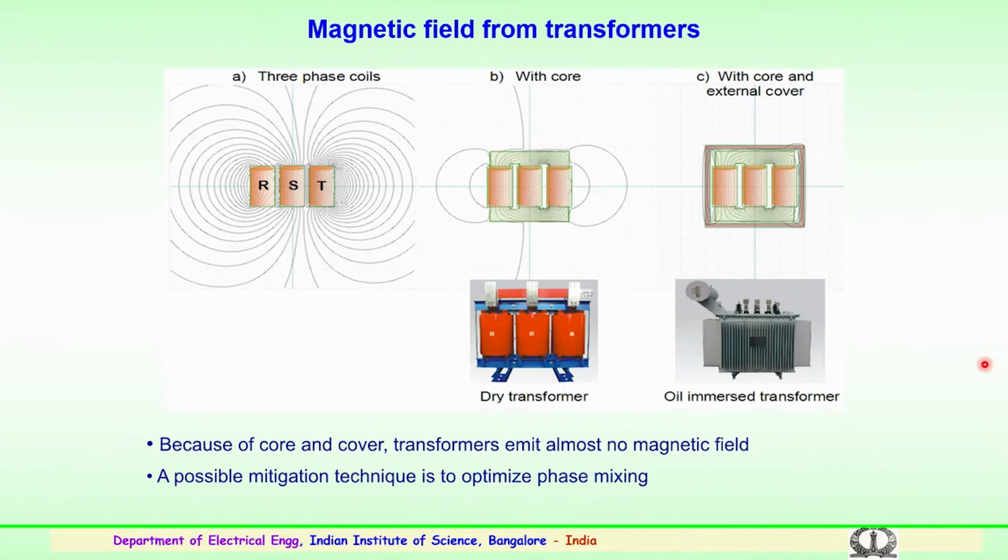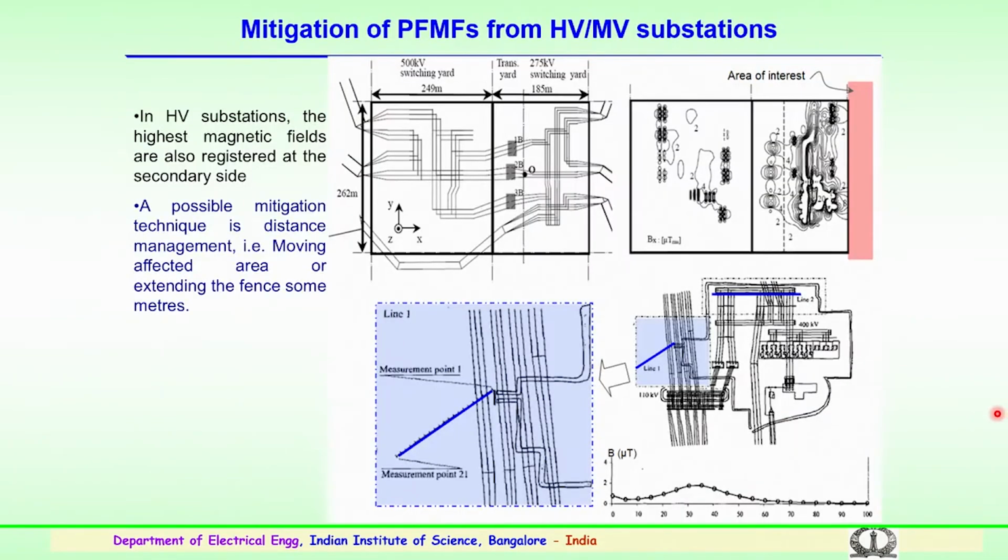So, proper mitigation techniques should be followed before the equipment is installed in the substation. Mitigation for power frequency magnetic fields, which could be generated from a high voltage or medium voltage substation, we have seen for the low voltage substation.